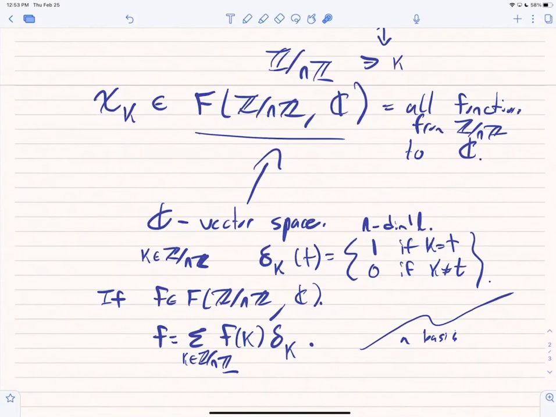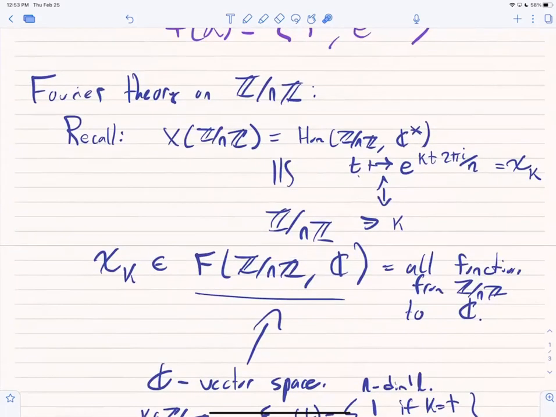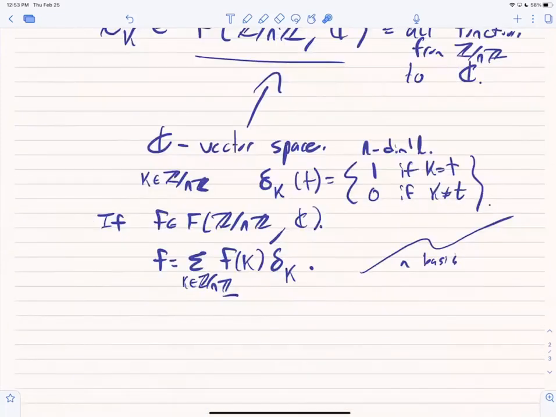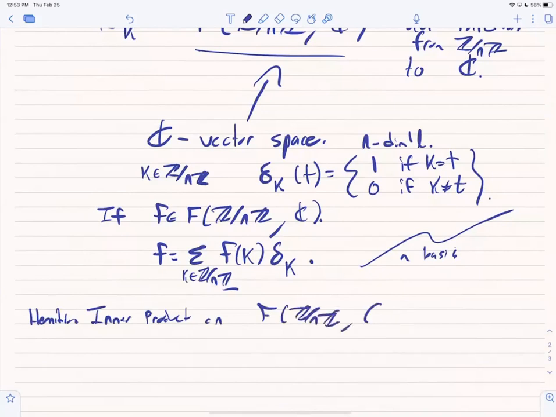Okay, so good. This is an n-dimensional vector space, and we can equip it with a natural inner product. For this inner product, these delta k will be an orthonormal basis. So there's a natural Hermitian inner product on functions F from Z mod nZ to C. And so what is it?